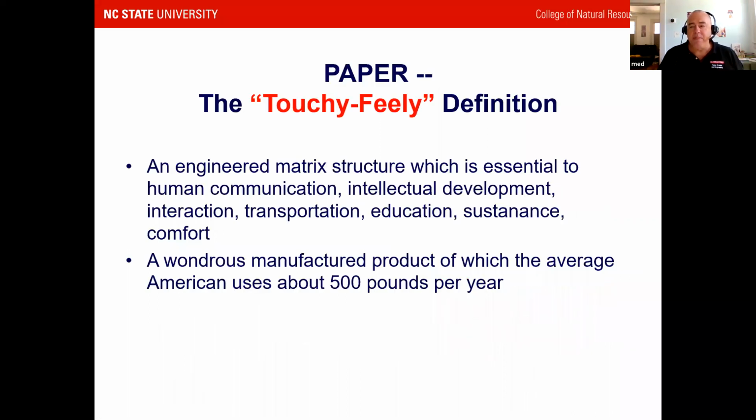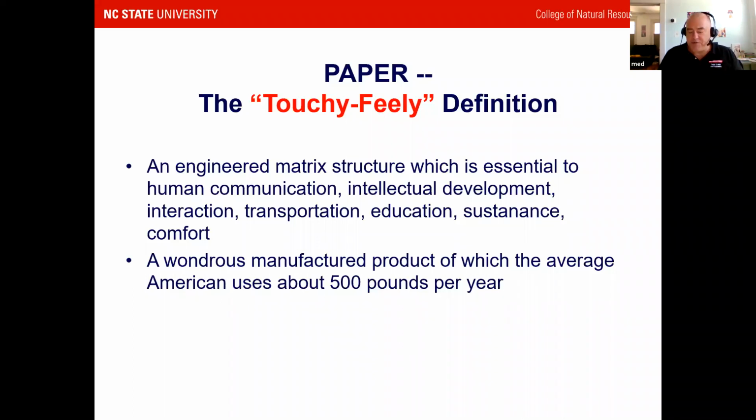Think about that. So while I'm getting excited, let me talk about the touchy-feely definition of paper. It is an intentionally engineered structure which we invented and that has contributed fundamentally to civilization, to human comfort, to its development. We would not be where we are today, and I'm not talking about a pandemic, by the way, if it weren't for paper.